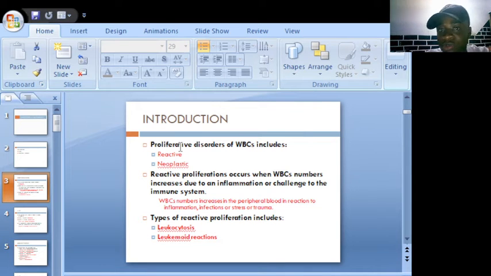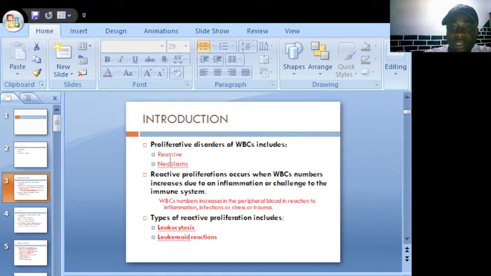For instance, when you take a sample from a patient and you run your full blood count, you may see that there is, let's say, thrombocytopenia, there is thrombocytosis, possibly there is a low level of hemoglobin. You can also see that there is a leukocytosis. Now, all these are blood cells that are either decreasing or increasing.